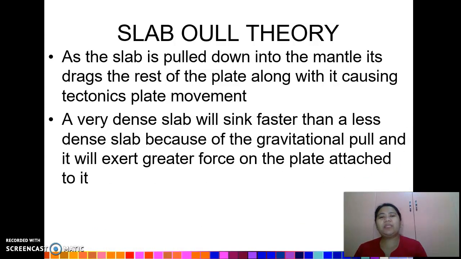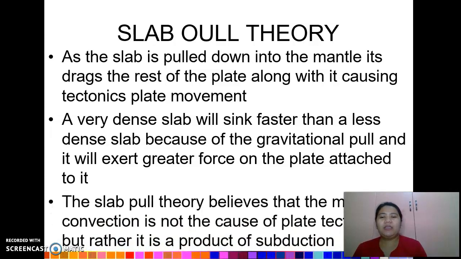A very dense slab will sink faster than a less dense slab because of the gravitational pull, and it will exert greater force on the plate attached. The slab pull theory believes mantle convection is not the cause of plate tectonics, but rather a product of subduction. So whenever there is subduction, the subduction is powered by the force of gravity.